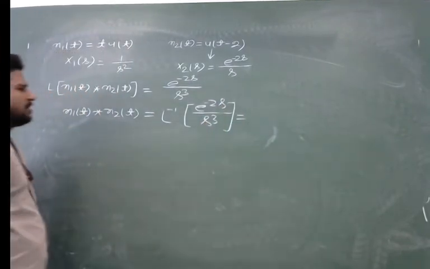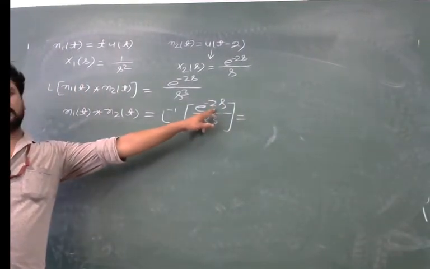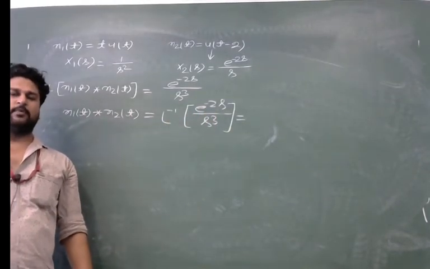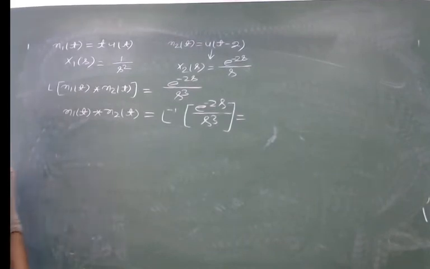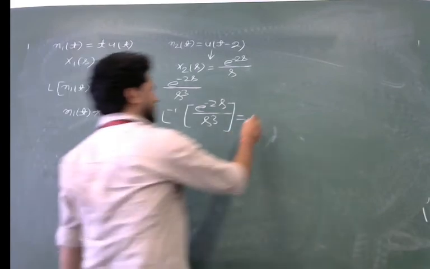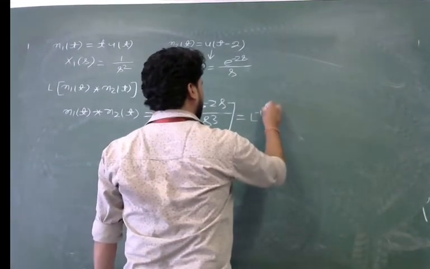Because e power minus 2s is multiplied here, it simply indicates that the signal in the time domain will be shifted by 2 units to the right, meaning if it is x(t), this will become x of t minus 2. So whatever the signal is, we have to put t equal to t minus 2 in that.